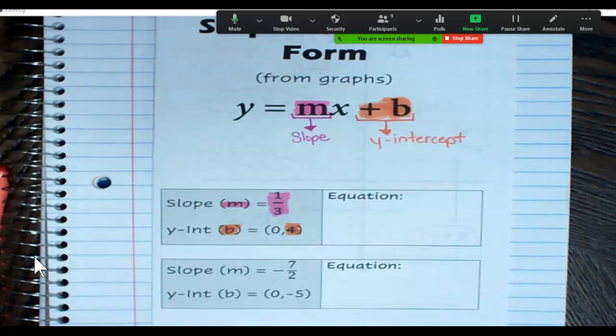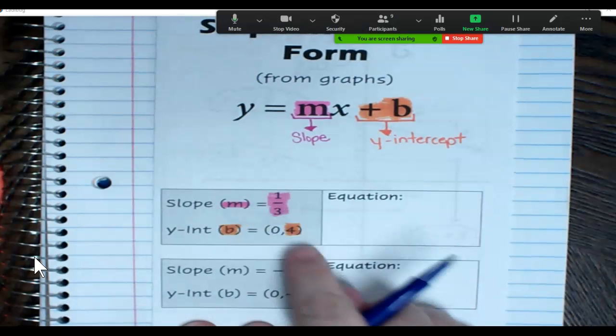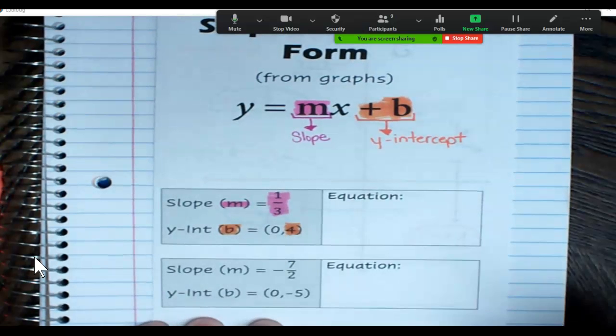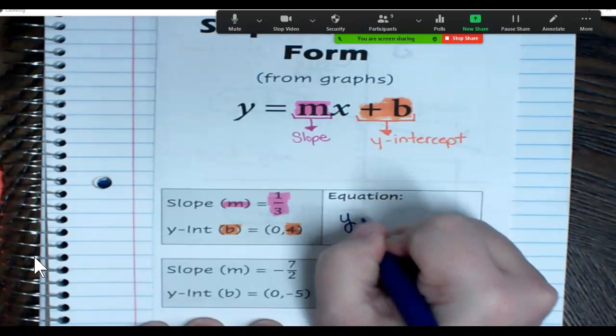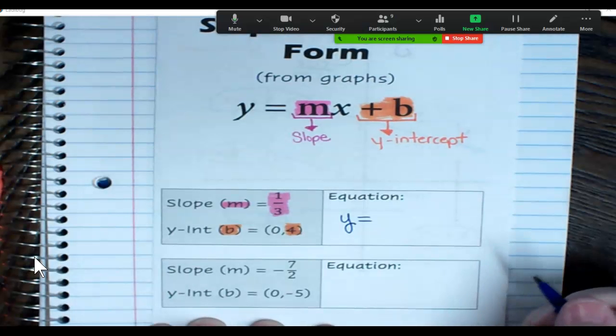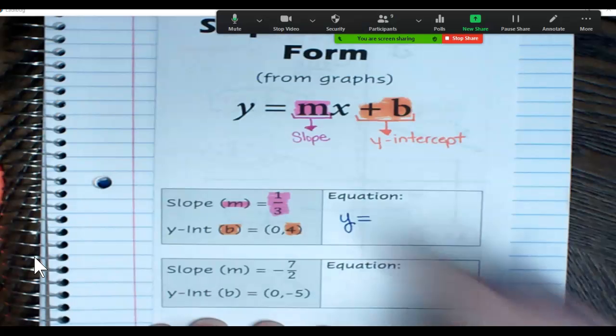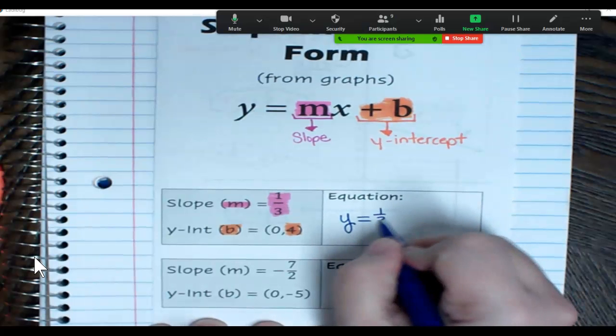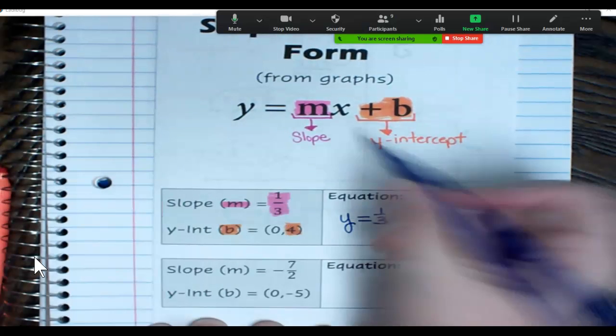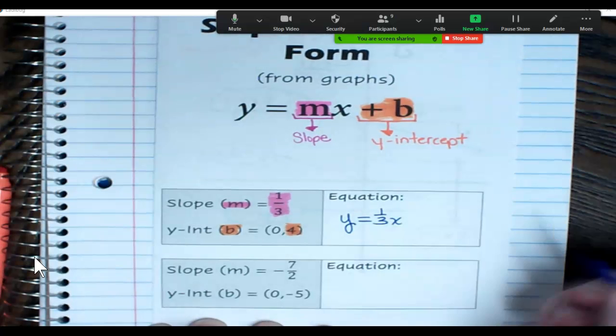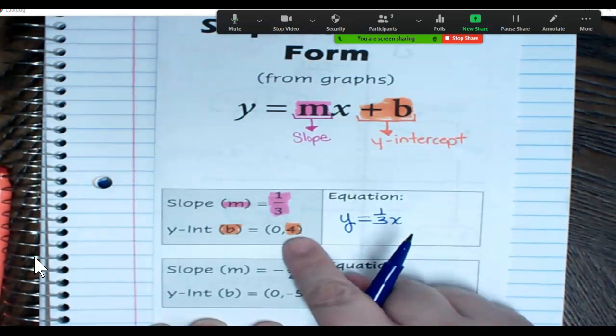All right, so literally all we're going to do is plug in the 1/3 for m, the 4 for b. So when we write our equation, y equals, m means slope, so what was my slope? 1/3. We keep the x. And what's my y-intercept?